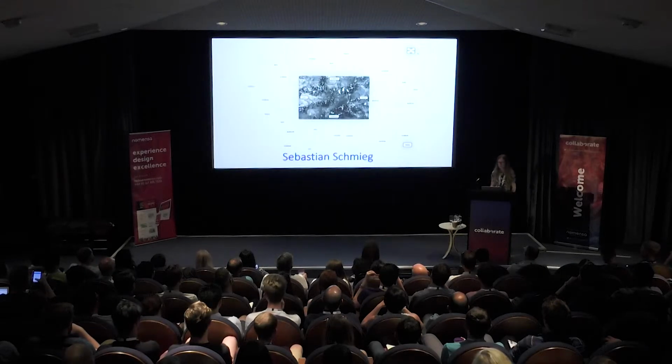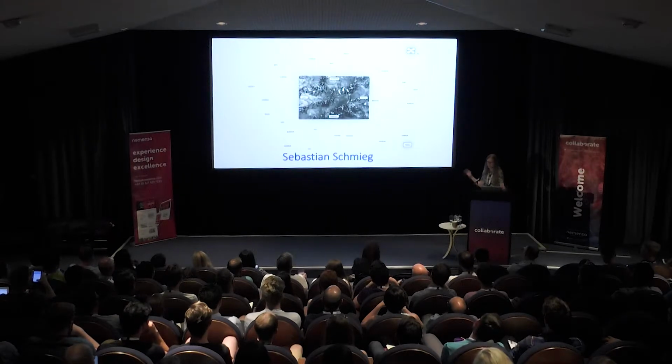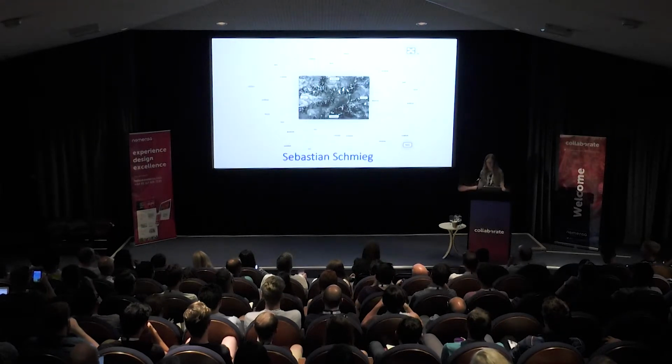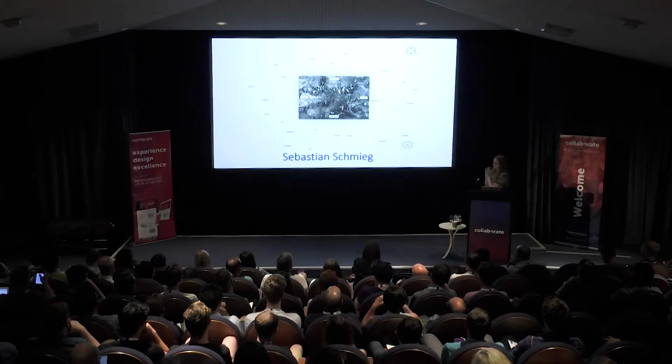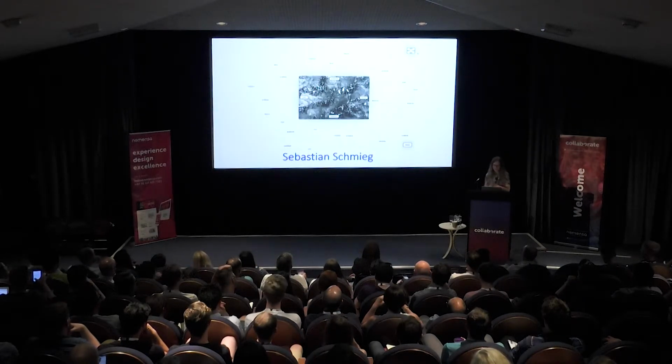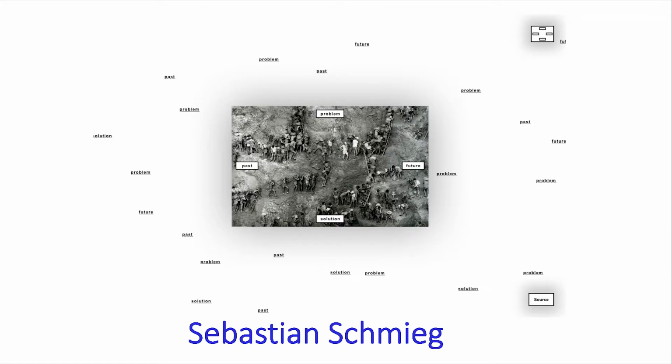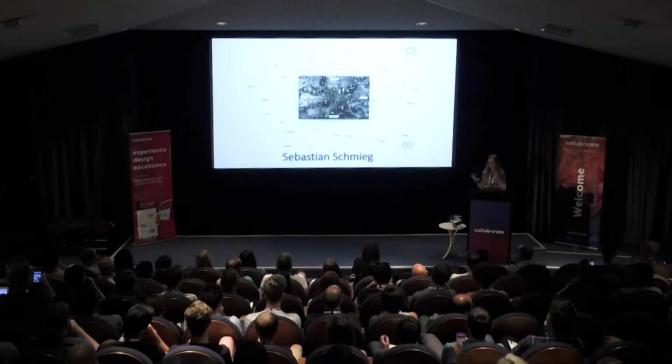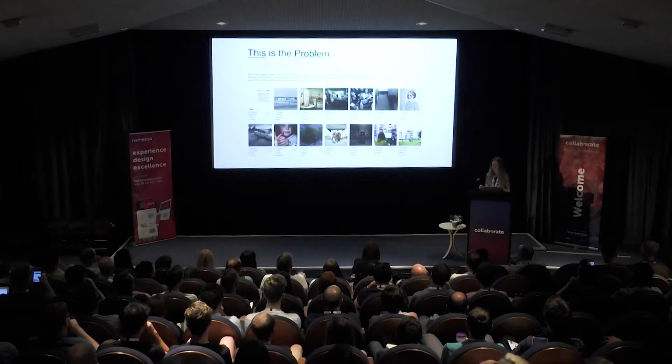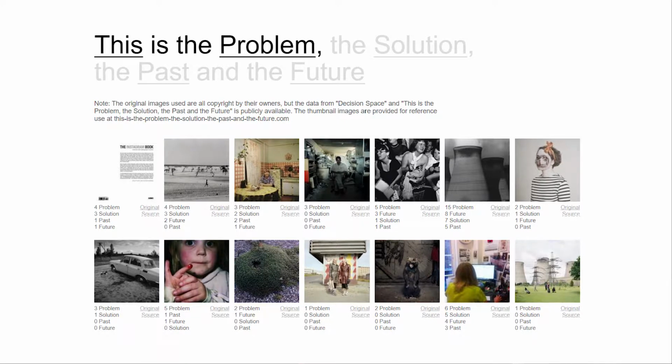Now if we think about the data sets that go into a lot of these algorithms, there's an artist called Sebastian Schmieg who created an installation that enabled you to classify lots of famous photography by Cindy Sherman or Trevor Paglen into four categories: problem, solution, past, and future. It showed you how you as a human sometimes might struggle to figure out which of these you would call a problem, which you would call a future.